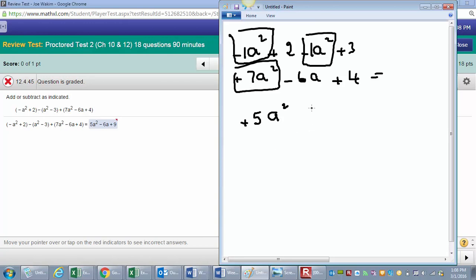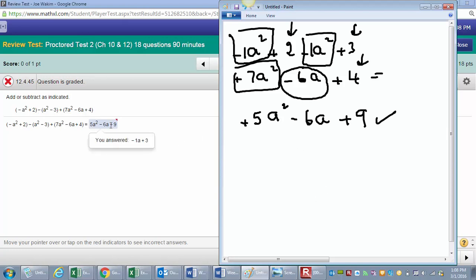Then we look at the a. This is the only term with a, so it's minus 6a. And then you have plus 2, plus 3, 5. 5 plus 4 is 9. That's how we got the final answer.